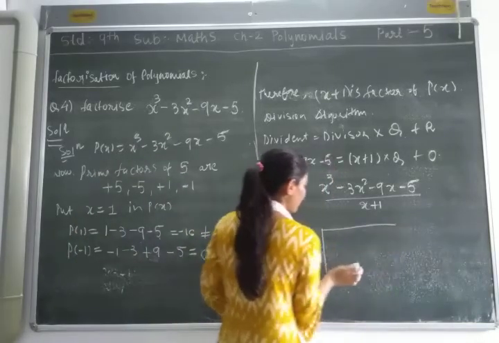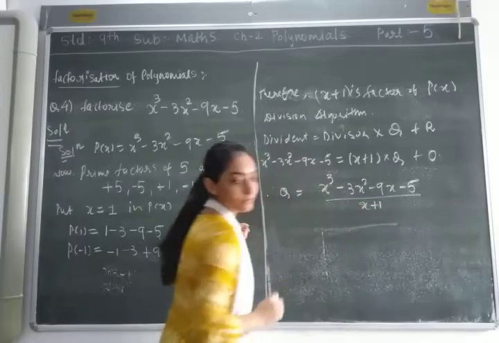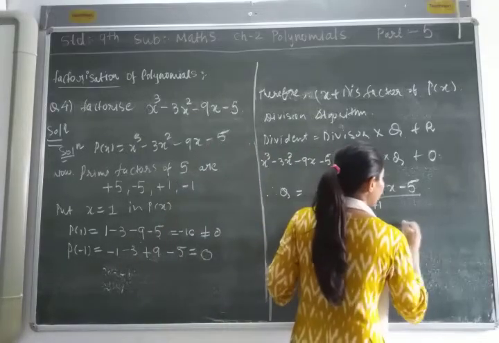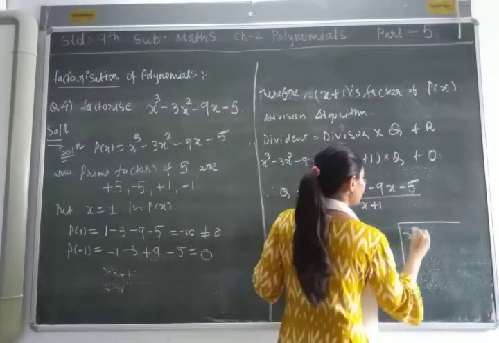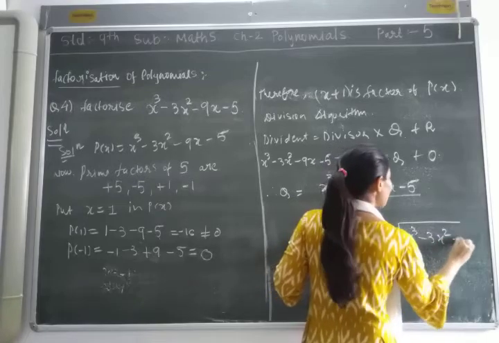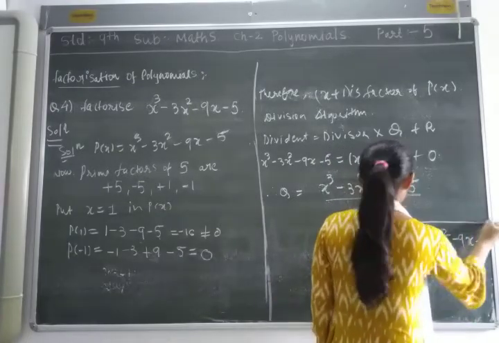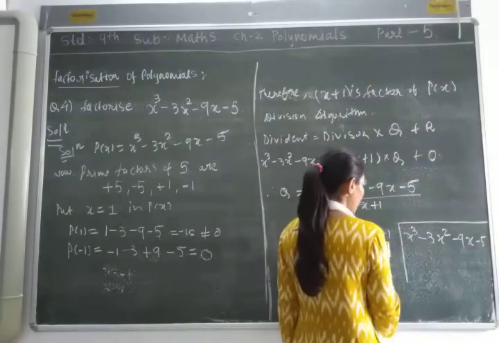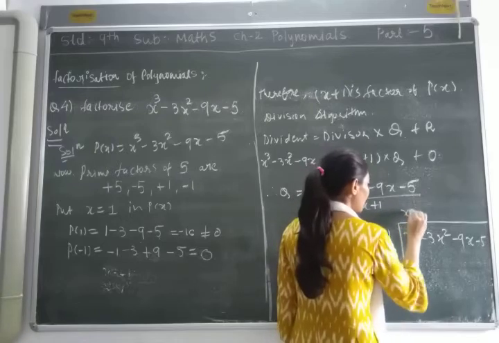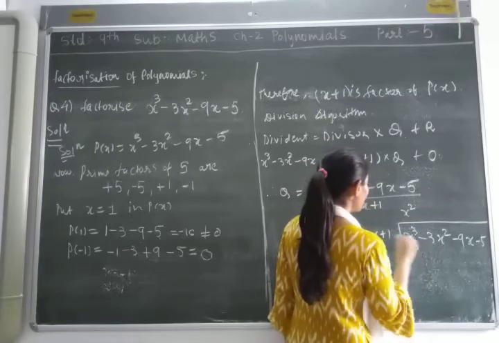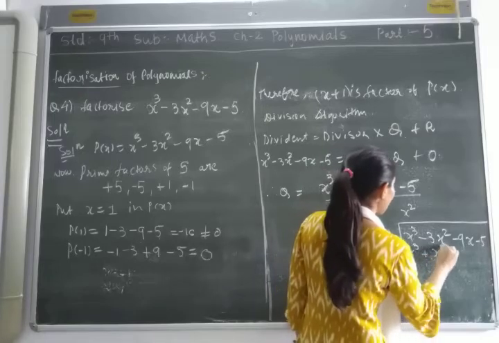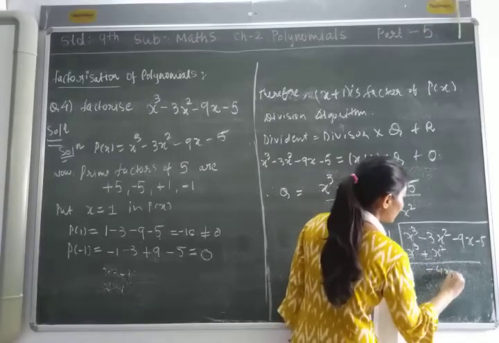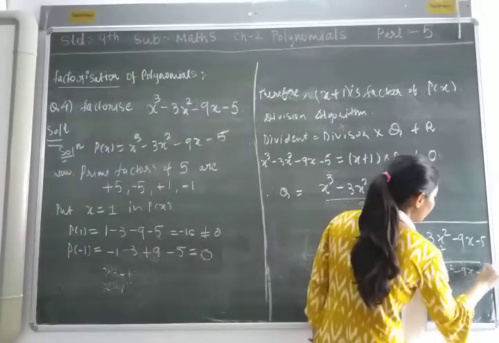You already learned how to divide this: x square times x plus 1 is x cube plus x square. The x cube cancels, leaving minus 4x square minus 9x minus 5.